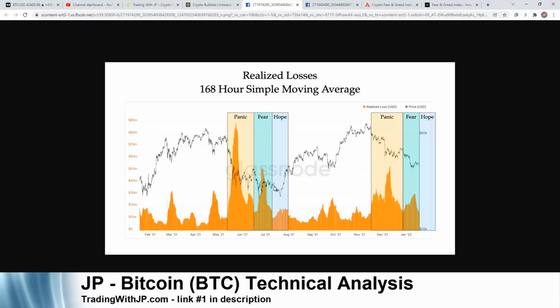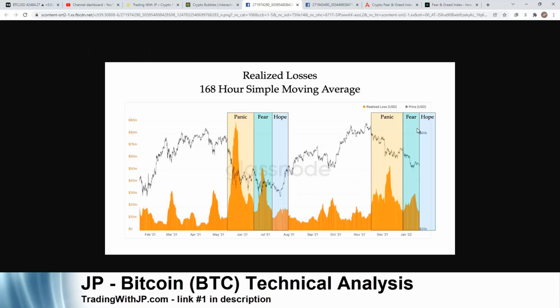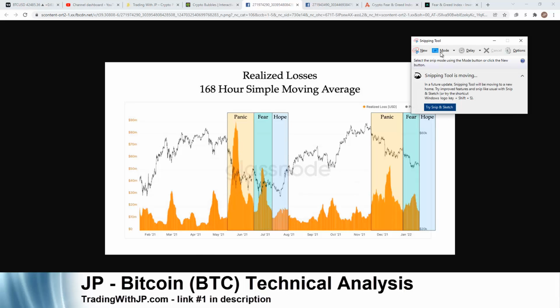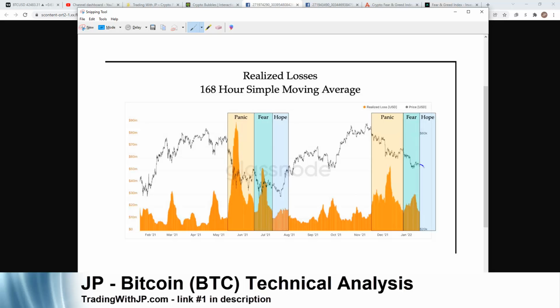But what happens after panic and fear? Hope comes along. All right, we start getting hopeful that maybe this Bitcoin thing will actually work out, or hey, maybe people are going to start investing in Bitcoin again. So we may potentially, as we go, and this is what's going on now, we've already had this panic stage, we've already had this fear stage, and we may potentially see the price continue to keep going down just a little bit more, but ultimately we're going to start seeing the price go up just like we did back here.